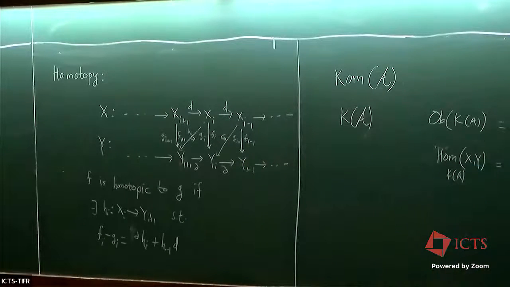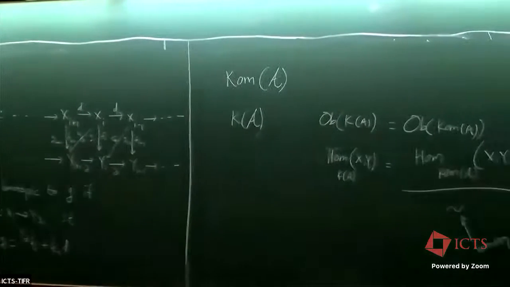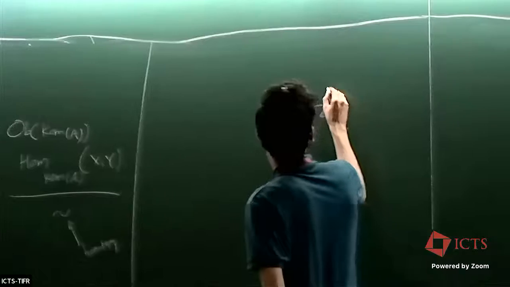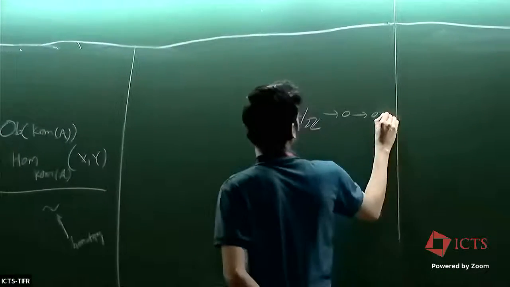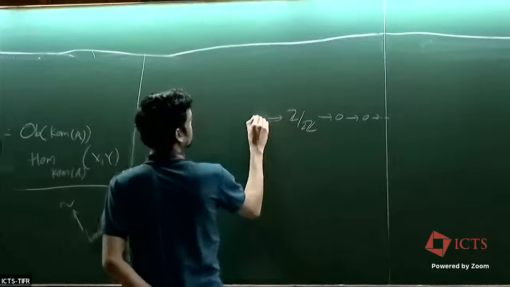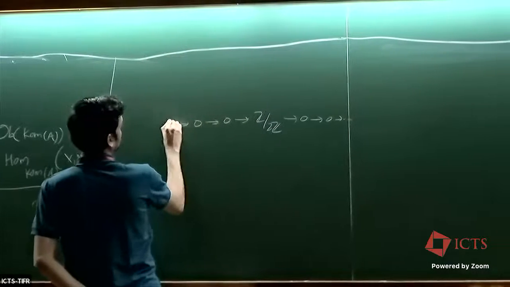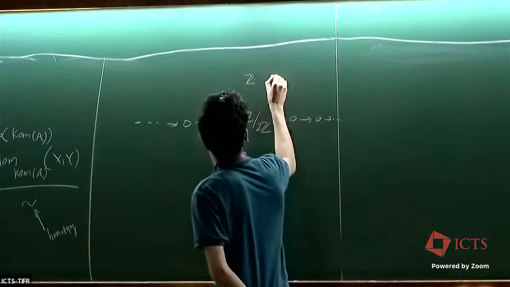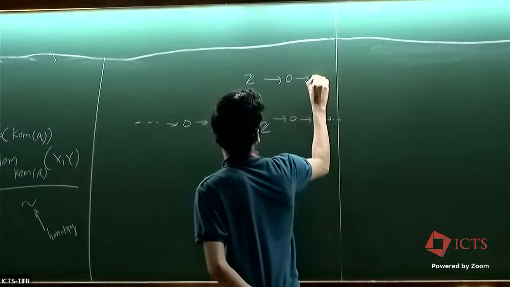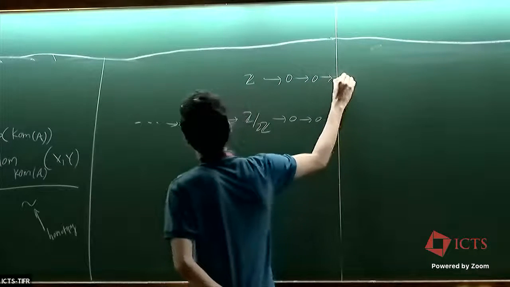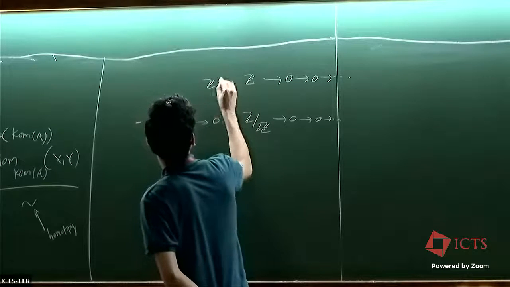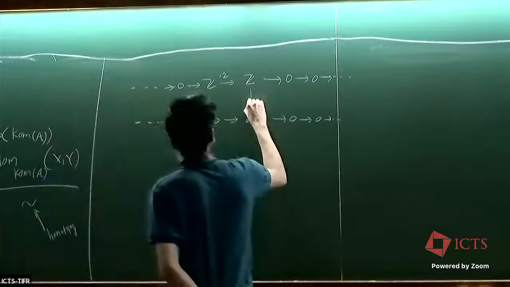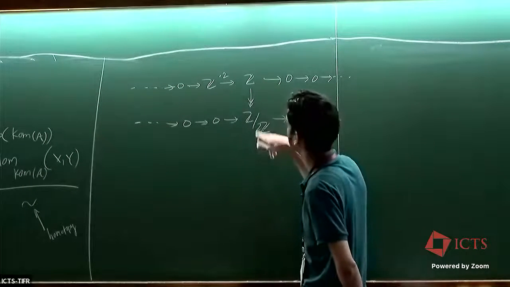For example, let's say I have a module Z mod 2Z. Suppose I consider this complex, just a trivial complex with Z mod 2Z, and I have this multiplication by 2, and I have this onto map, generator going to generator.